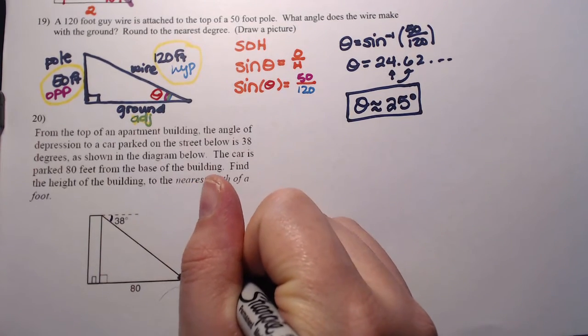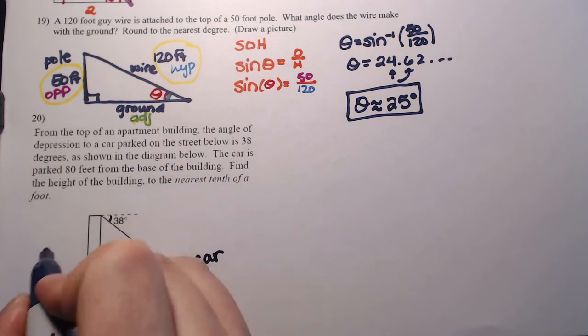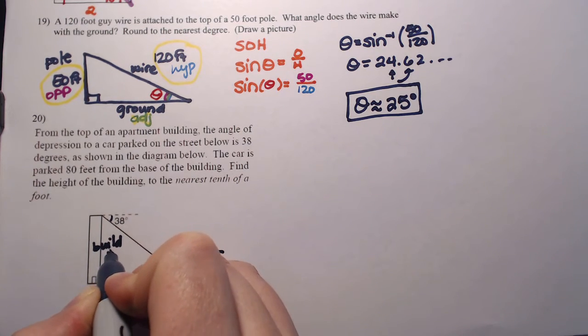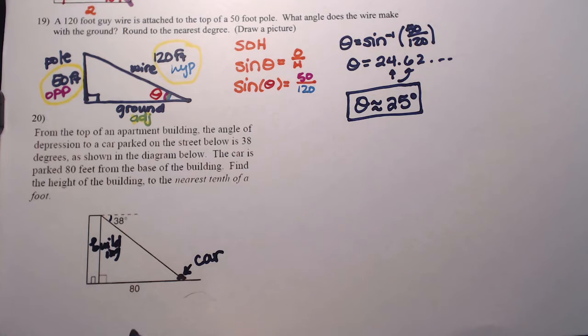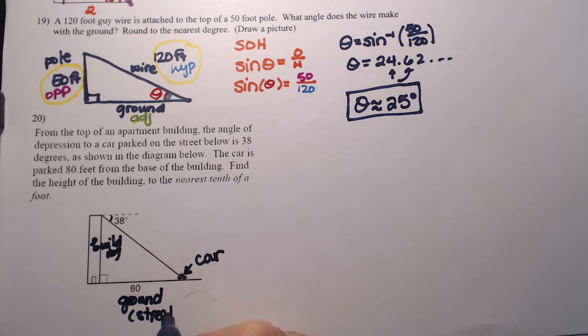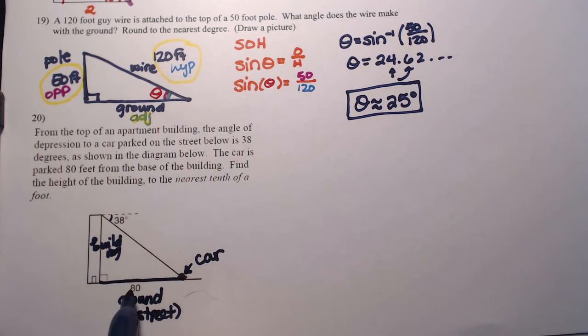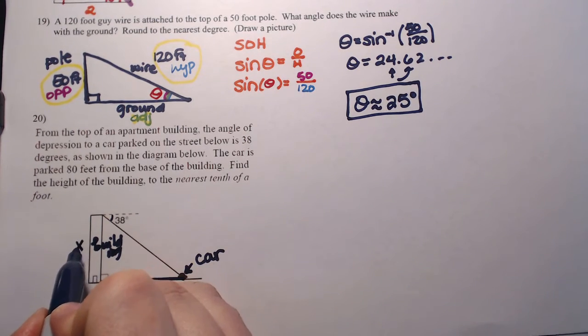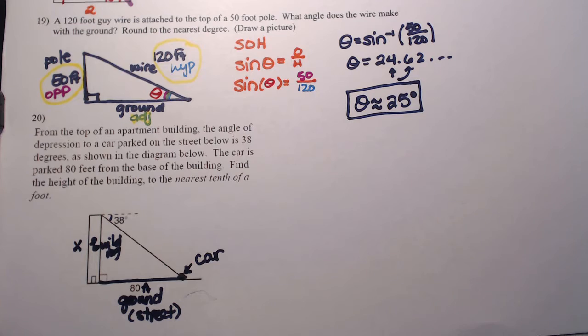So that's our car. That's our building. And that's the ground. Or the street. So I have that this is 80 feet. And I want to find the height of the building.